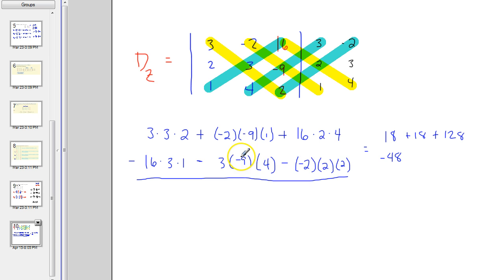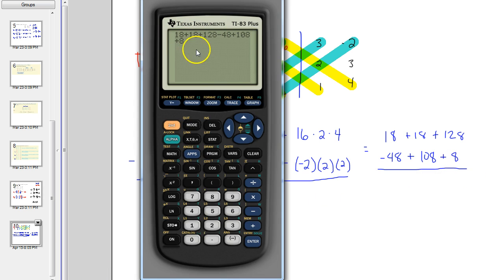And a negative times a negative is a positive. And then 9 times 3 is 27 times 4, 108. And then a negative times a negative is also a positive. 2 times 2 times 2 is 8. All right, and then add all those together. I get 232.